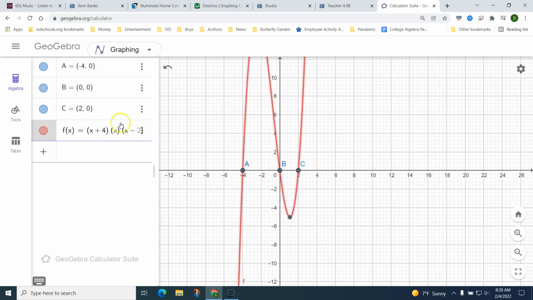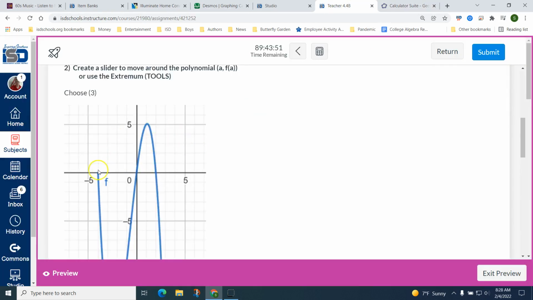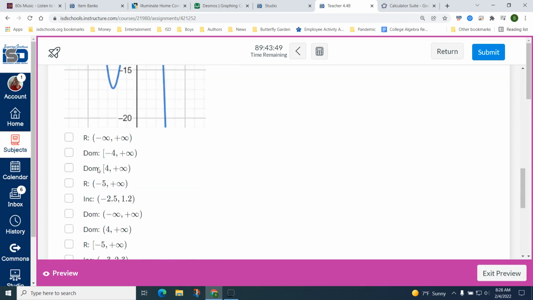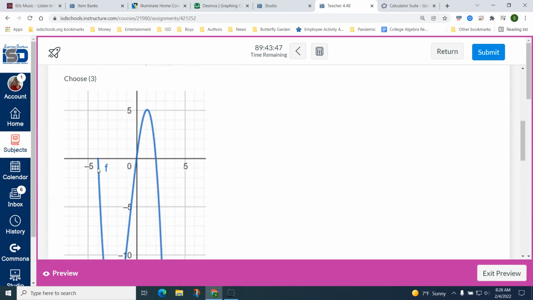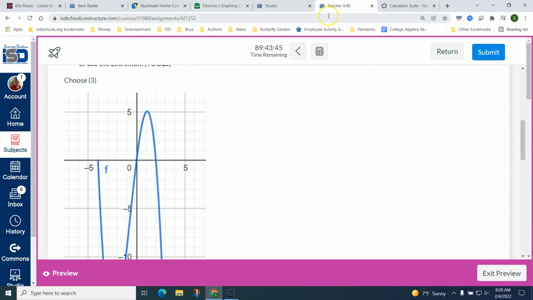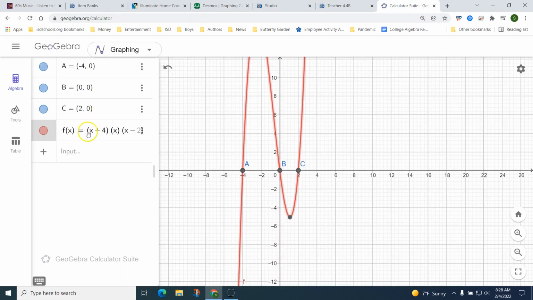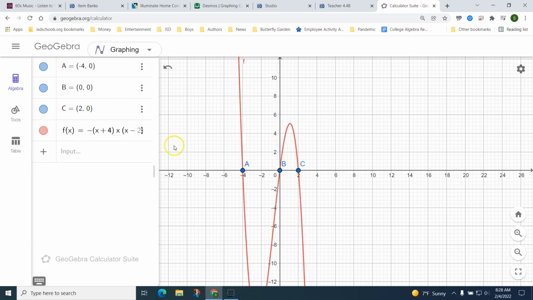All right, and let's notice, I think this is opposite. Look at this. It goes down. So what was up is now down, so I have a negative 1 as a factor. There we go. Alrighty.